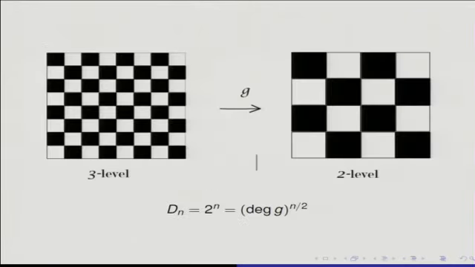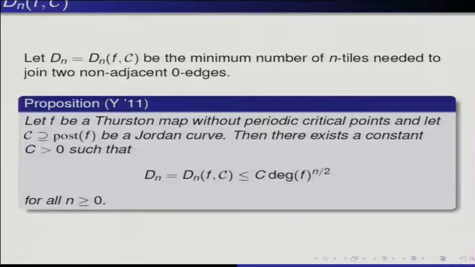Could you show us the statement again? Sorry, the theorem. The proposition is that there's a constant C such that the growth of d_n is bounded by the degree of f. How does d_n depend on C? Oh, the Jordan curve, yes. There are two different C's. This C is the Jordan curve, and this C is a constant. Does the second C depend on the first C?